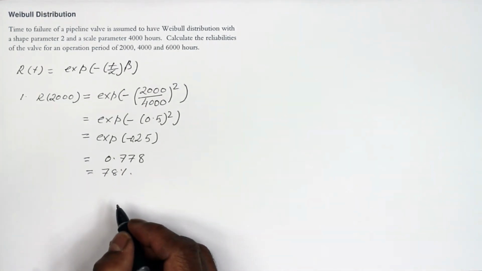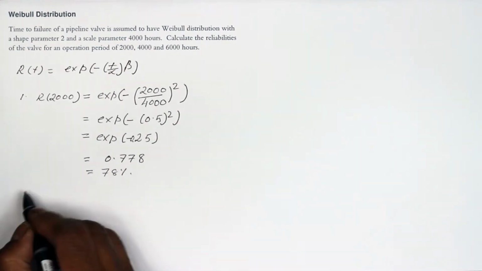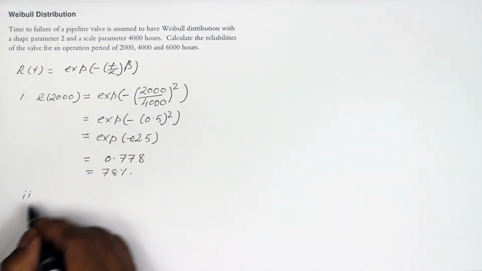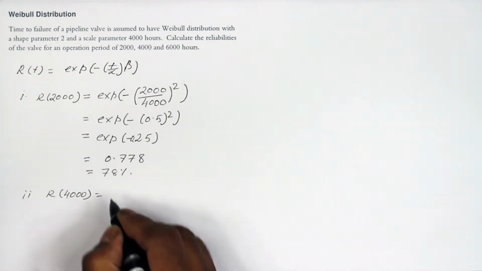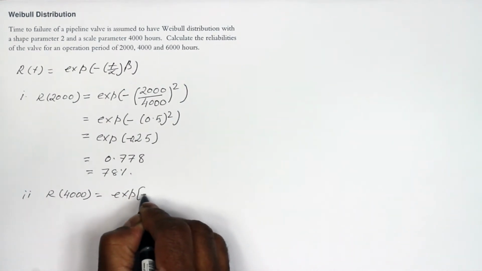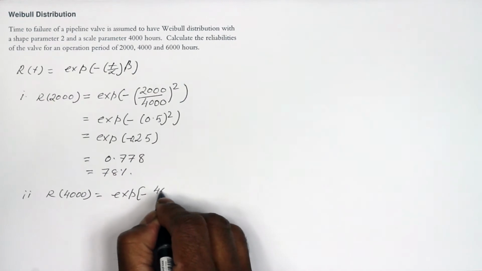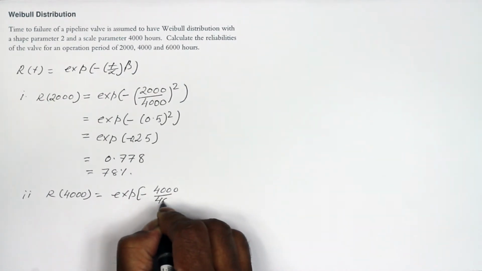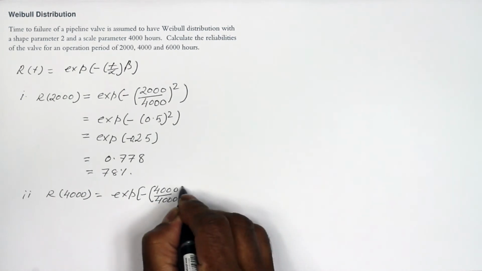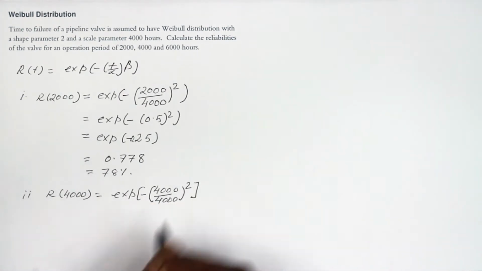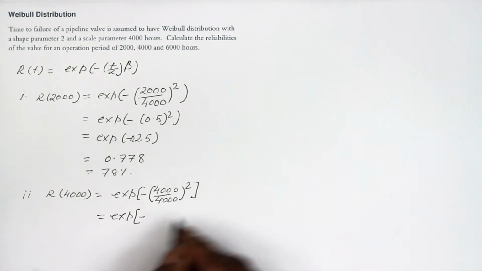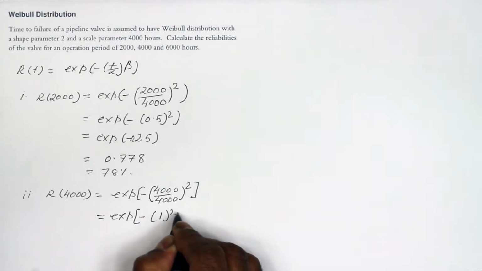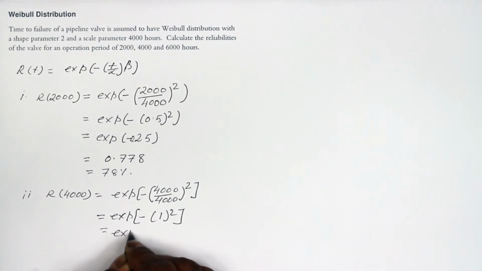Let's look at what happens when the time of operation is increased to 4000 hours. Exactly the same way. Exponent of minus t, which is now 4000, divided by 4000, that is the scale parameter, raised to the power 2 because 2 is the shape parameter. We get exponent of minus 1 raised to the power 2, which is exponent of minus 1.